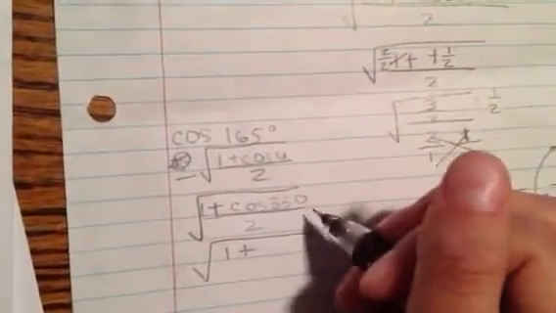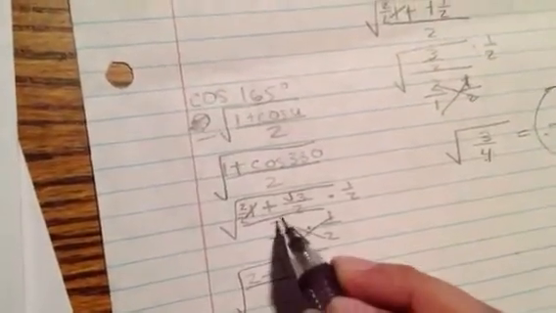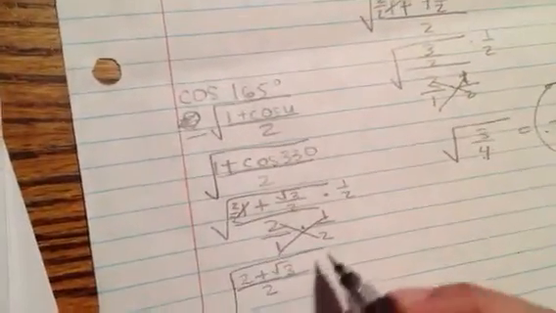Cosine of 330 is going to change to radical 3 over 2 because of the x value. So that's going to be over 2, and we change this to 2 over 2 and multiply by the reciprocal. And that would be 2 plus radical 3 over 2 and multiply with the 2.